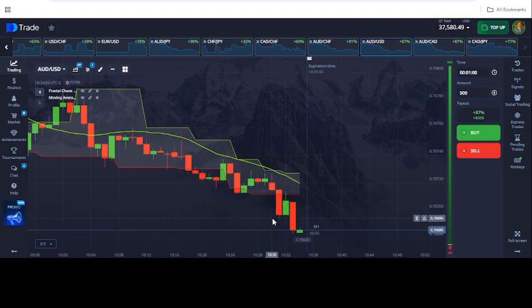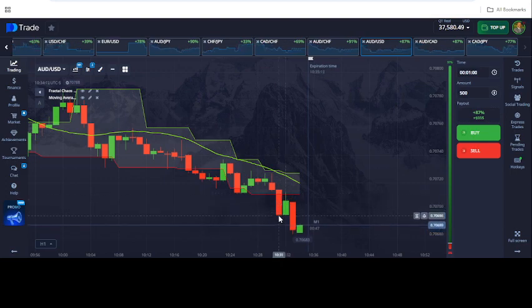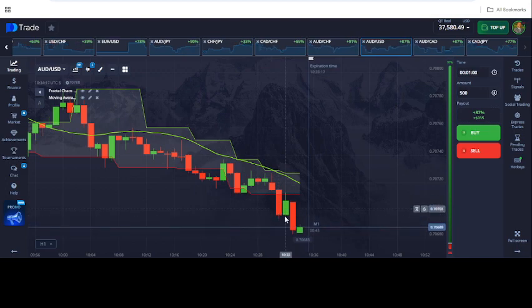So even though the candle retraced, this bearish breakout candle here suggested a continued bearish momentum, even though this candle retraced back upwards, but it wound up pushing back downward. All right, so I'm gonna pause the video and look for our next setup.